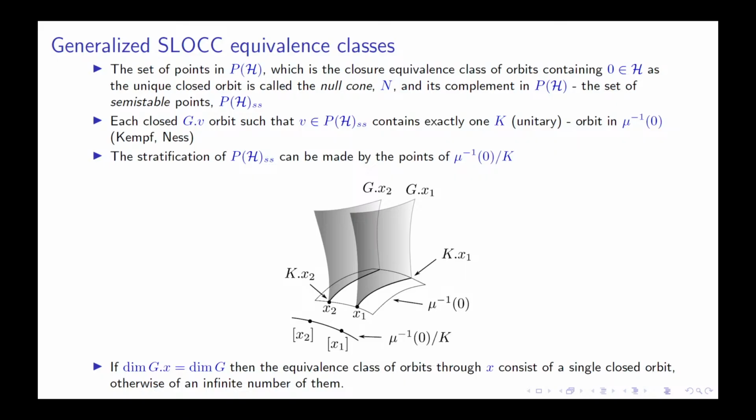These are technical terms, which are not important. And the theorem says that each closed orbit contains only one K orbit, so this unitary part of the group of which our G is the complexification.